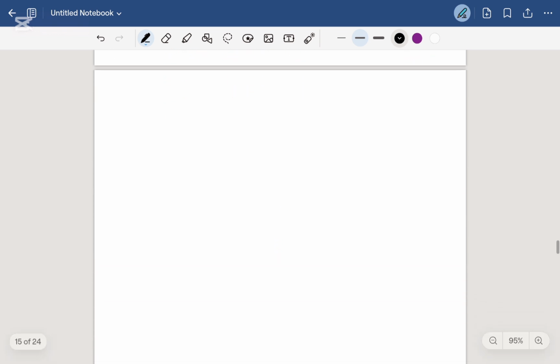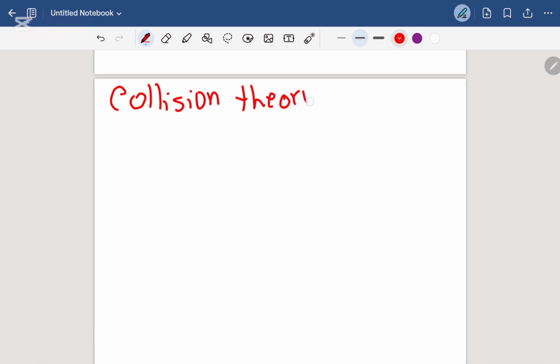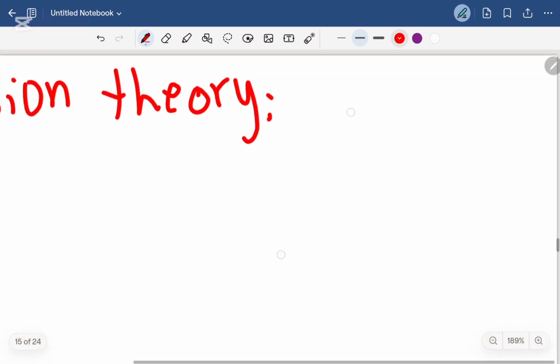Now, we're gonna be discussing something called the collision theory. So I'll write the definition of collision theory, then we will go into deep meaning.